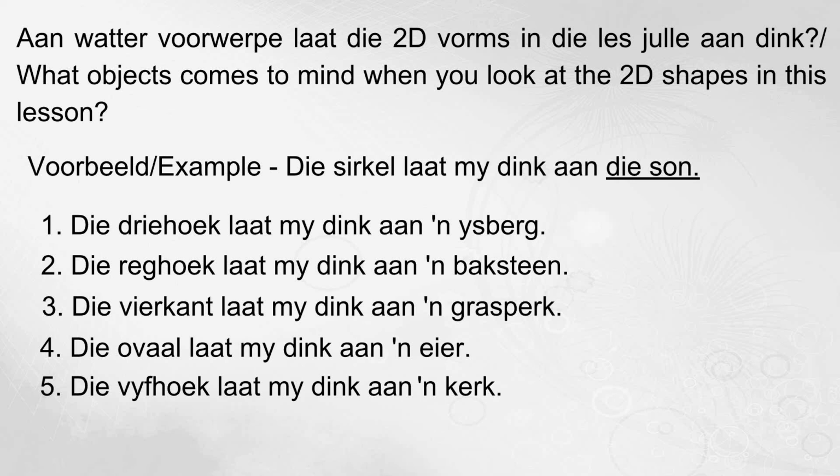Saying a sun would imply that we have more than one sun. But there is more than one egg, eier, or brick, baksteen, in the world. So, which brick or egg am I specifically referring to? Thus, it is indefinite.